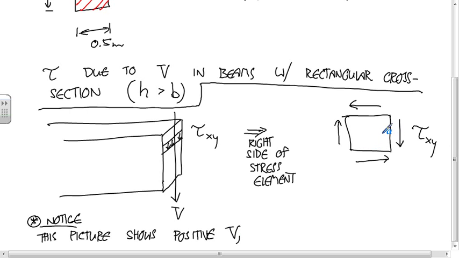What's the sign of the XY shear stress? Well, our coordinate system is like this. So on the positive X face, we have a shear stress in the negative Y direction. So we have a negative tau XY.